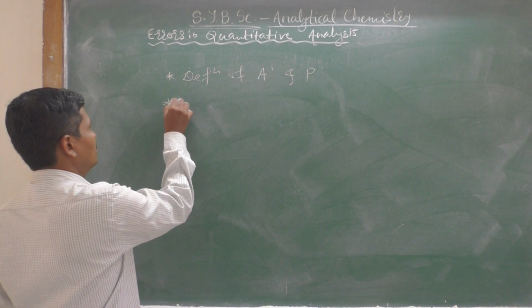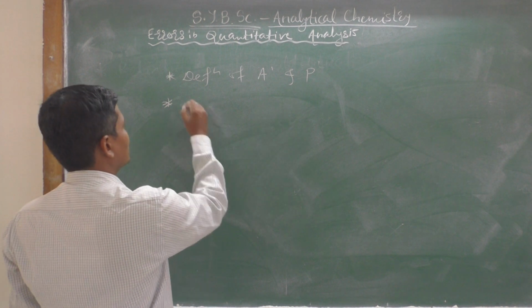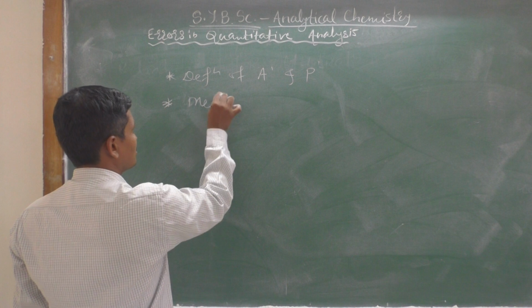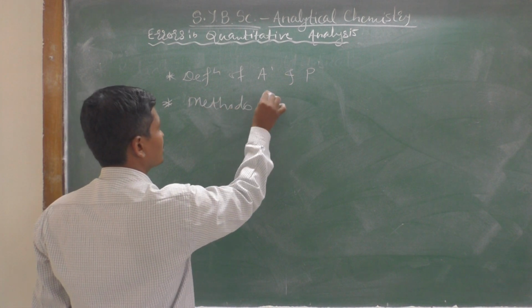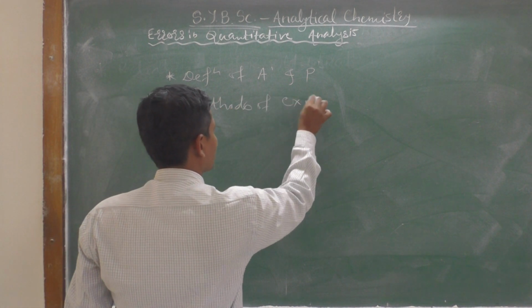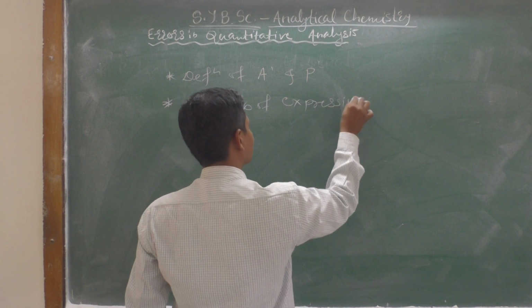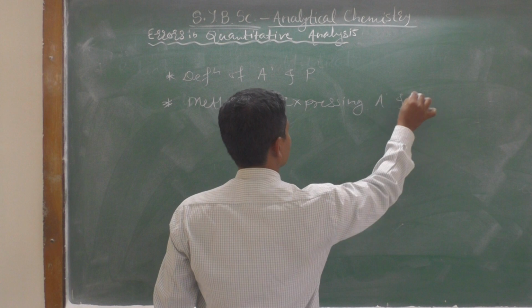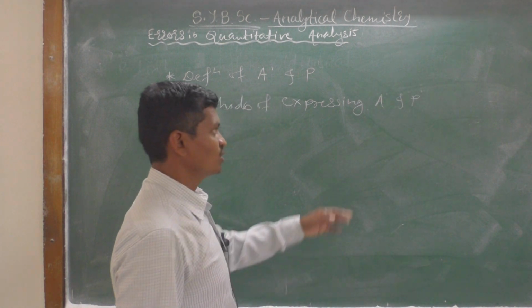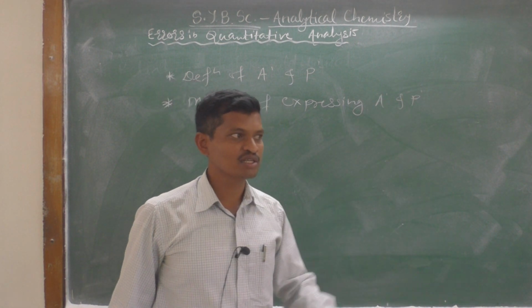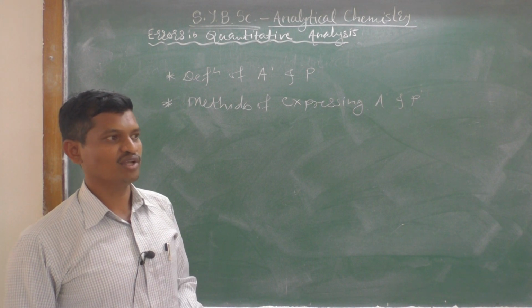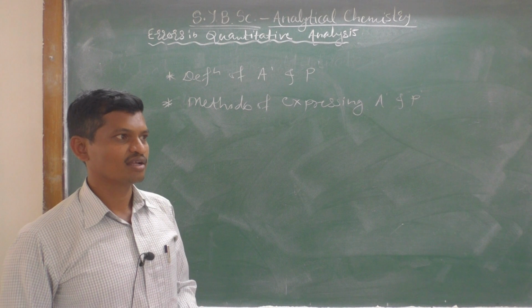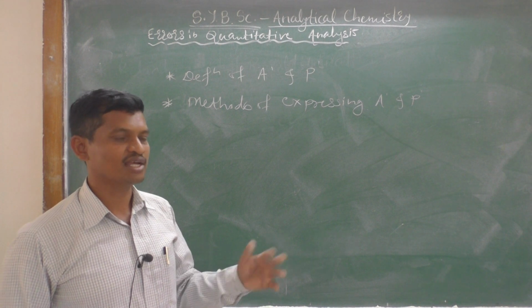Then the next point was methods of expressing accuracy and precision. Accuracy can be expressed as absolute error and relative error.